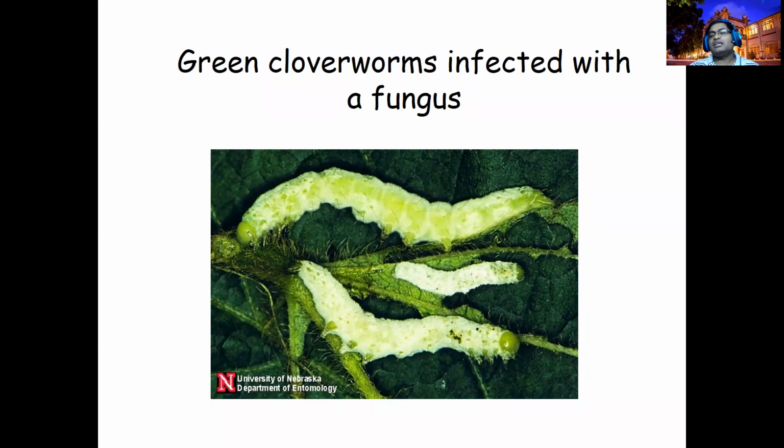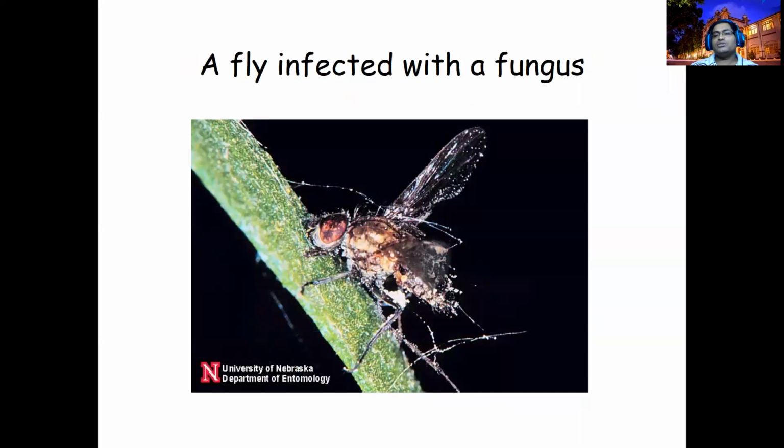So if the larva color is changing to a reddish brownish color, then it is an indication of entomopathogenic nematode attack. If the larval color is changing to a faded color and mycelium is growing, it's an indication of entomopathogenic fungal attack. If the larva becomes blackish, it is an indication of viral attack. You can remember easily and you can observe that, right?